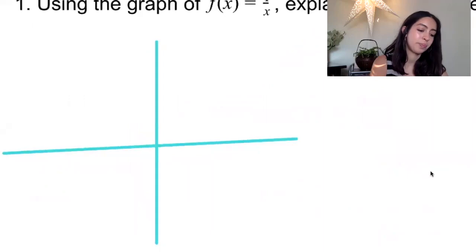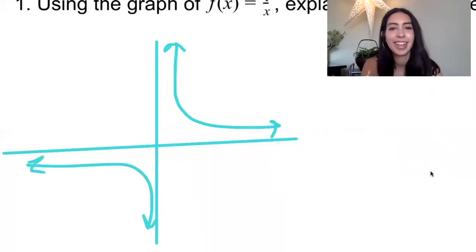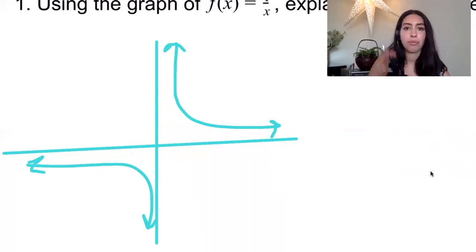So, very rough sketch. There it is. That is 1 divided by x, our function there. So we have two asymptotes. We have the vertical asymptote at x equal to 0, and we have the horizontal asymptote at y equal to 0. So that means this function is kind of just going off in either direction there.